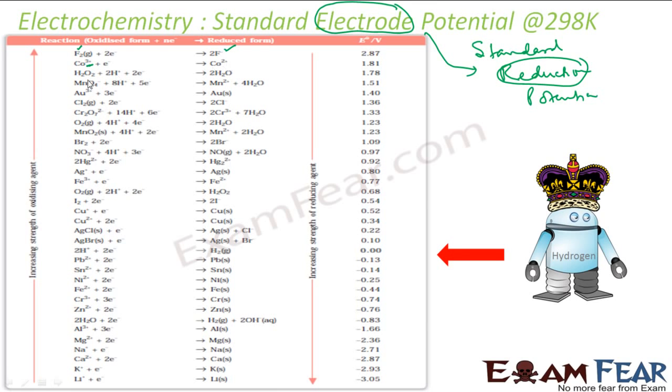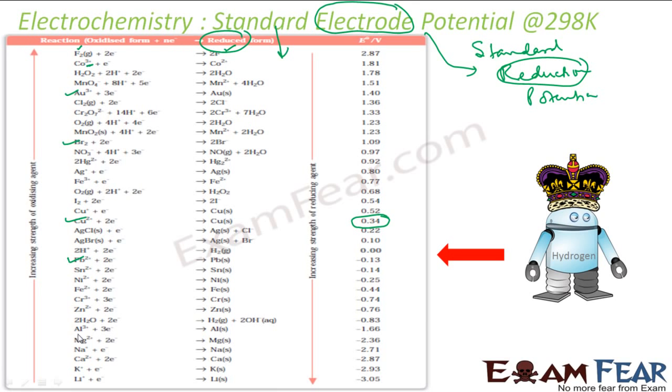Cobalt plus 3 to plus 2, reduction happening, right? You take anything. Au3+ to 0, reduction happening. You take copper, Cu2+ to copper, reduction happening, 0.34 volt, the one we calculated, right? You will see lead Pb2+ to 0, reduction happening. In all these reactions you will see reduction happening. This is the reduced form, right?